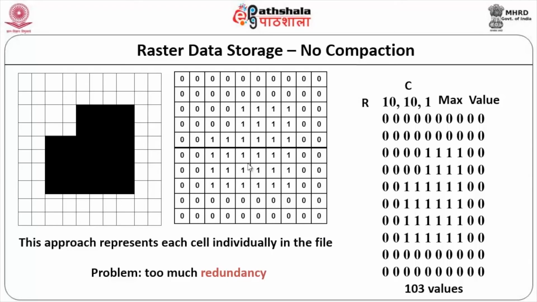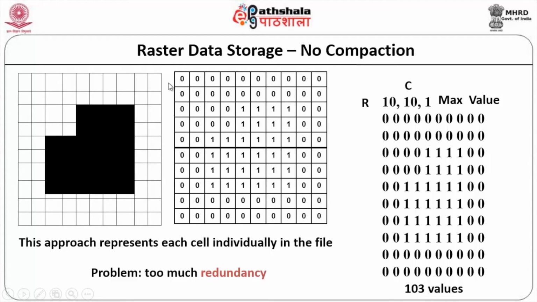As you can see here, when there is no compaction, though my object is only this one, this is my cell size or grid size rather, and you see everywhere 0, 0, 0, though they are of no value as far as I am concerned, only this is of importance to me. But I will have to take this 10 by 10 to accommodate this.